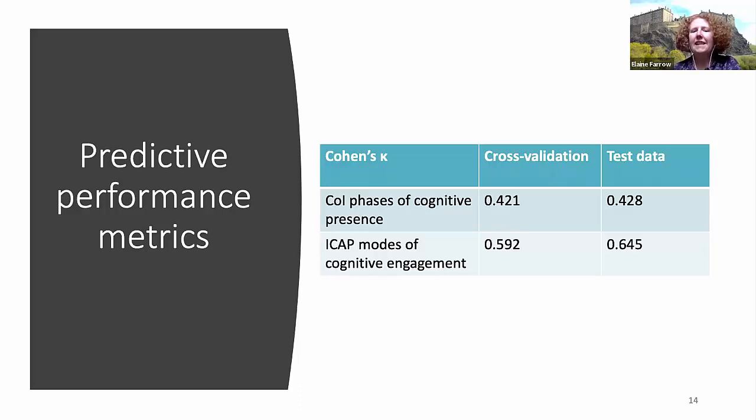And this indicates substantial agreement. So what we're comparing here is the labels assigned by the classifier with the gold standard human labels that were added to the data. So from this we conclude that our classifiers are good enough for us to then go on to the second stage and look at which attributes are the most discriminative.